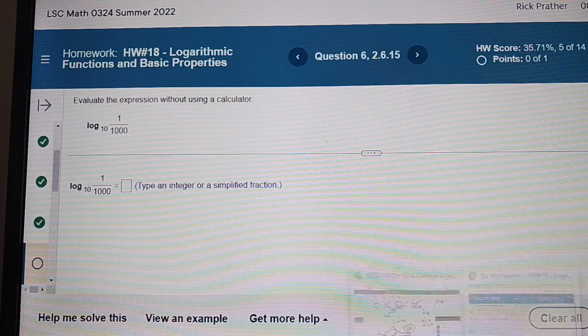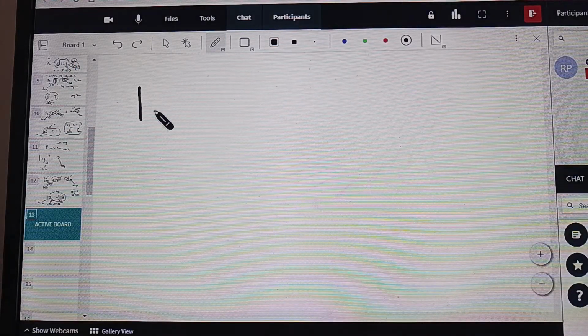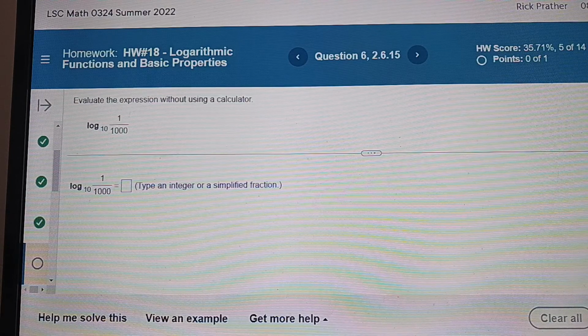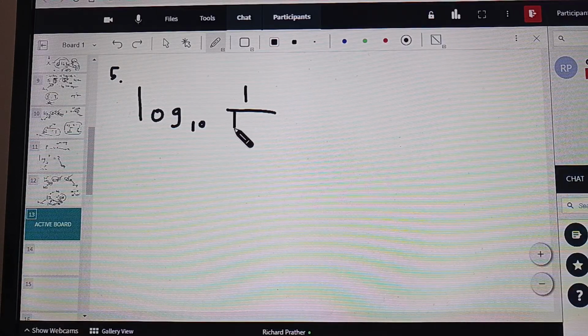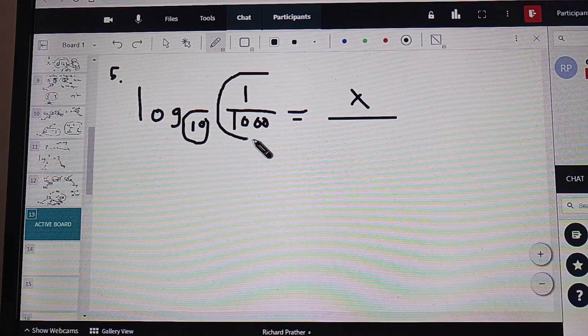So this is the same thing. Log base 10, this is number 5, of the fraction 1 over 1,000, but that's still just one slot of the process, equals what? So I'm going to put an x there again. Circle the 3 parts. This is considered all together.